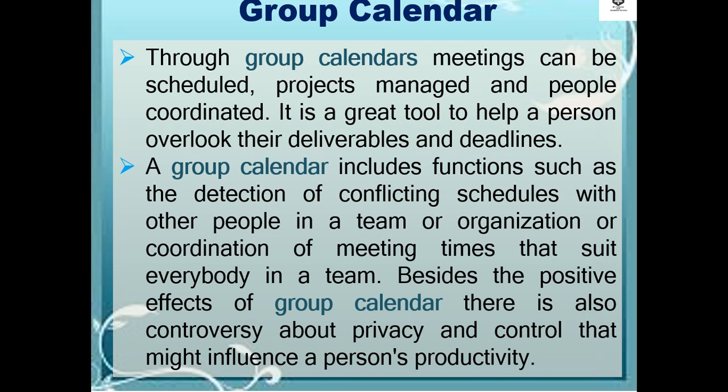A group calendar includes functions such as the detection of conflicting schedules with other people in a team or organization, or coordination of meeting times that suit everybody in a team. Besides the positive effects of group calendars, there is also controversy about privacy and control that might influence a person's productivity.